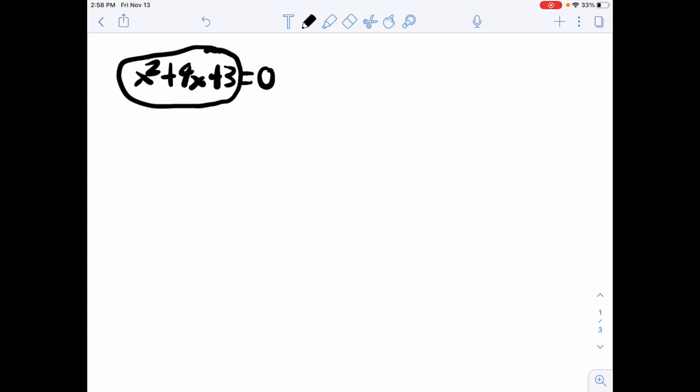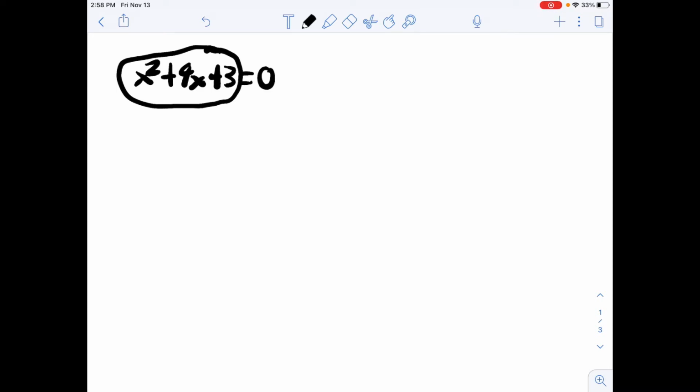Now we're actually going to learn how to solve them by factoring. So let's look at this example. X squared plus 4x plus 3 equals 0. So first things first, we are going to factor this polynomial. And we're going to use the sum and product rule because it's in the form x squared plus bx plus c.